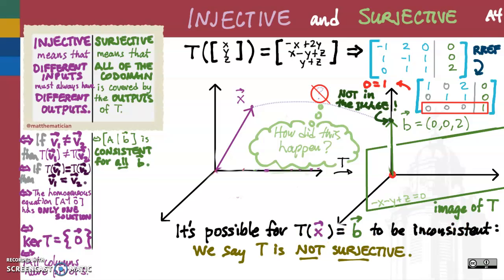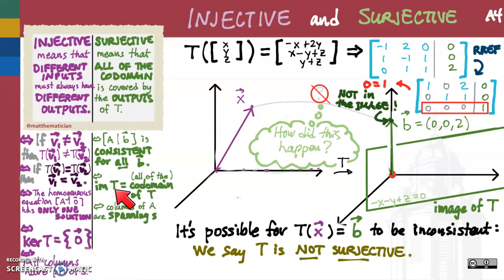So in order to rule out that possibility and have a surjective linear transformation, we need to make sure that it is not possible for anyone to choose a right-hand side vector, a b, which is outside of the image of my transformation. So the image of my transformation has to cover the entirety of the codomain. So the image and the codomain have to be the same thing if T is a surjective linear transformation.